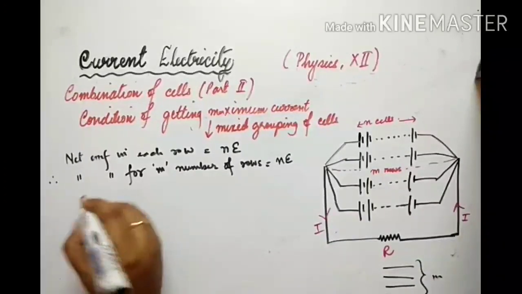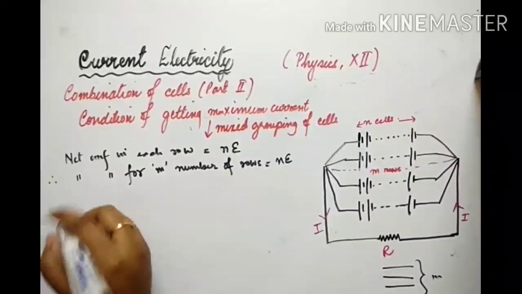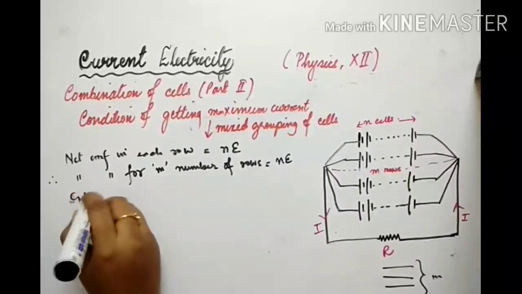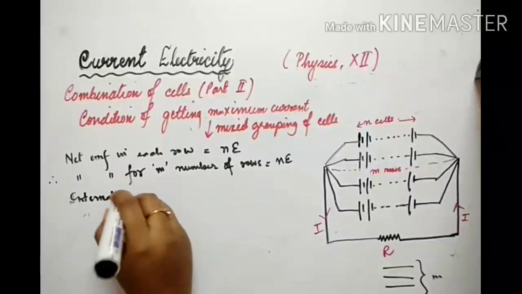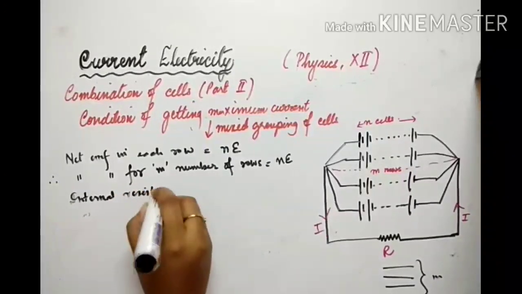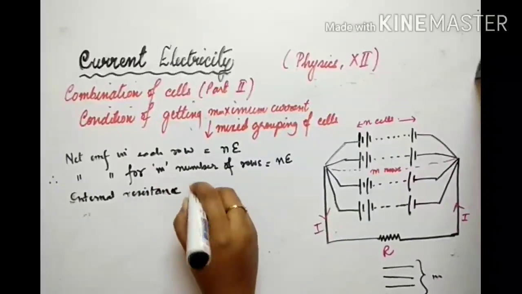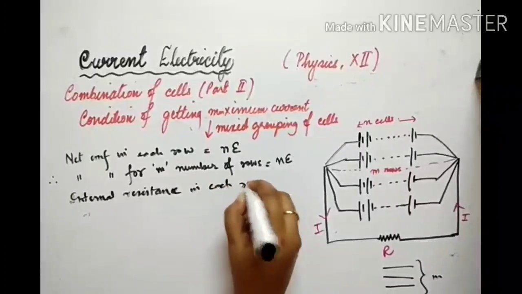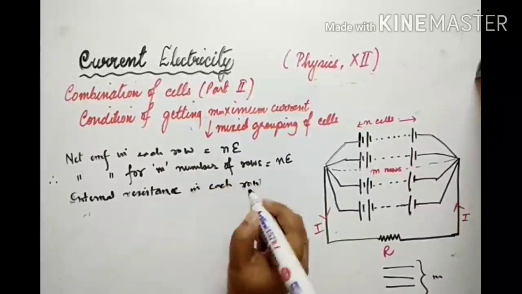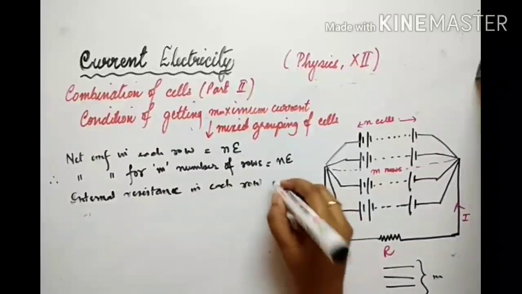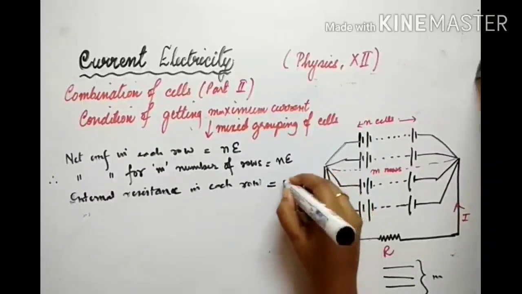Now the internal resistance in each row is what? n into r.